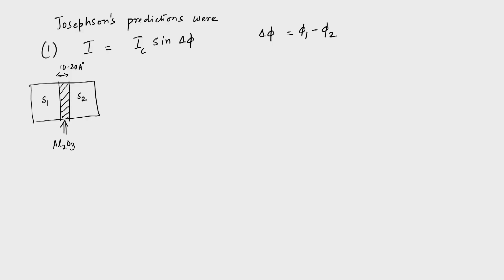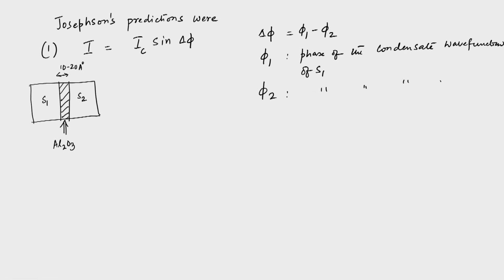So, it is usually alumina that is used, and so this is phi 1 minus phi 2, where phi 1 is equal to the phase of the condensate wave function of S1, and similarly phi 2 is the same for S2.